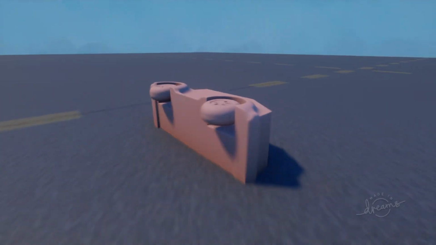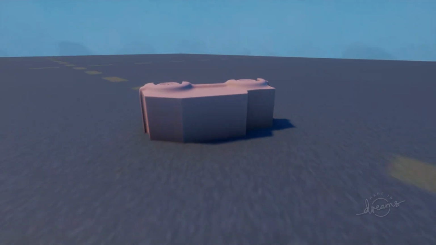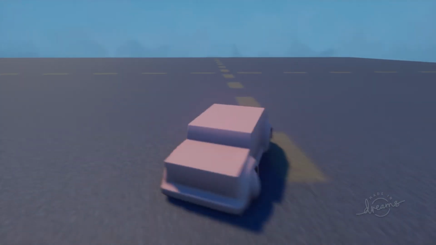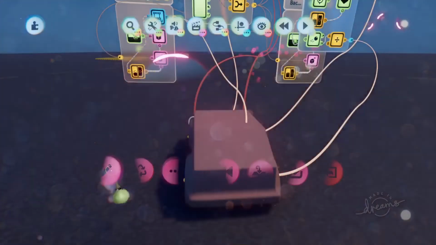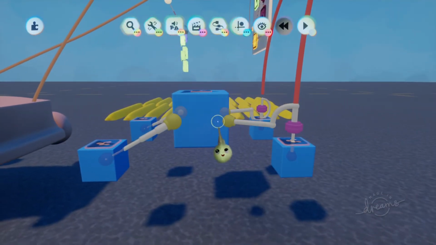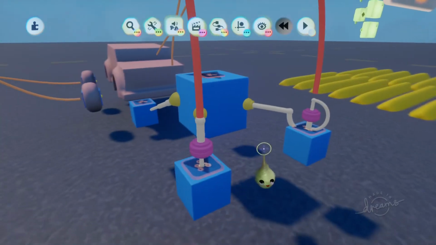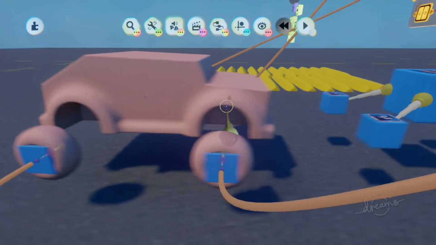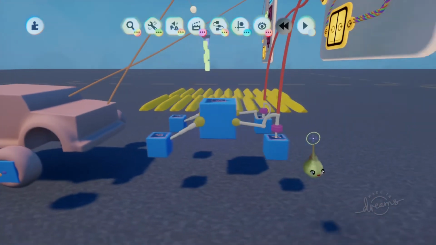And obviously, the collision object, you want that to be somewhat in the shape of the vehicle. But one important thing to keep in mind, it's not a rule, is these objects here you want to try to keep as symmetrical and centered as possible. So for this vehicle, I would probably just do a rounded box for the collision.